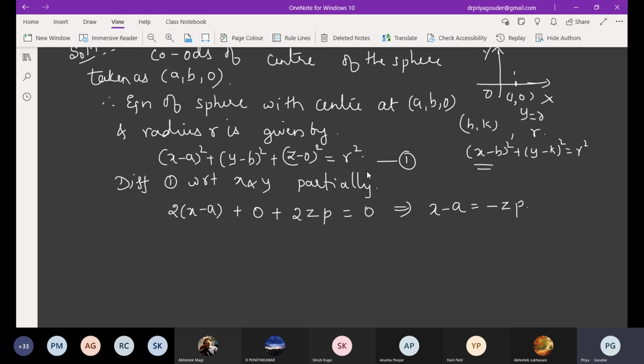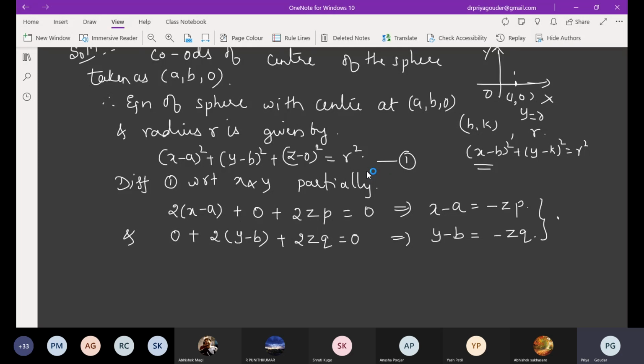Similarly, if you differentiate with respect to y, you will get 2 into (y minus b) plus 2zq. From this, y minus b is minus zq.